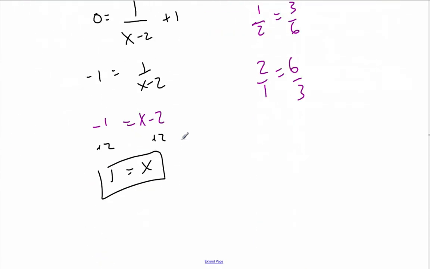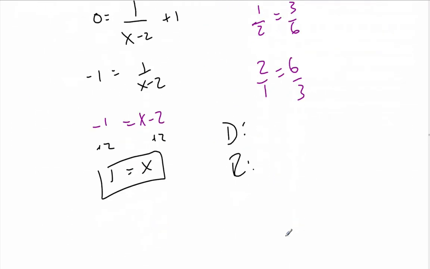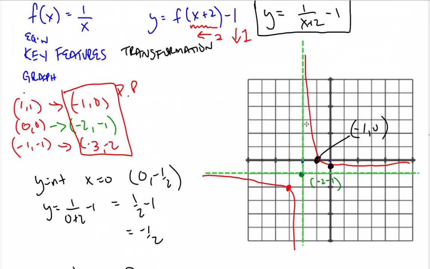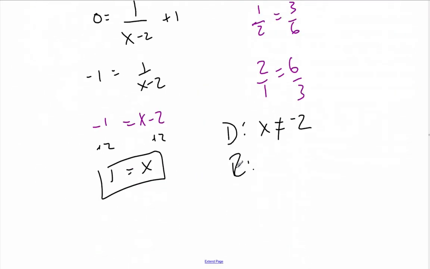All right, domain and range. Well, this time x cannot be negative 2 because that will make this bottom 0. So domain is x cannot be negative 2. The range, well, here's the asymptote this way. It cannot be negative 1. So my range is y cannot be negative 1.